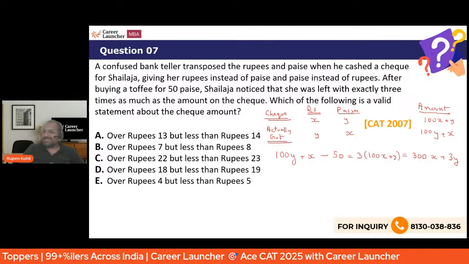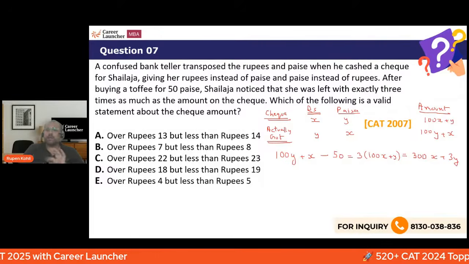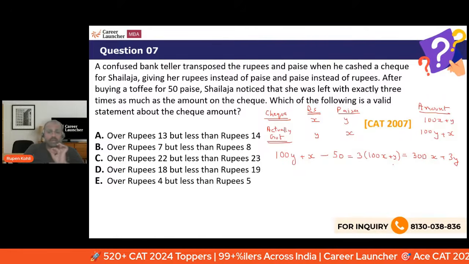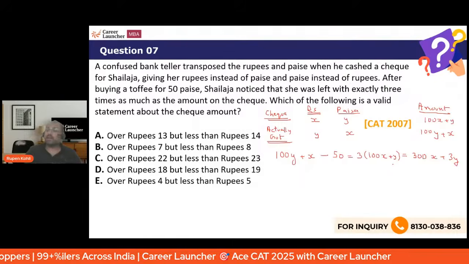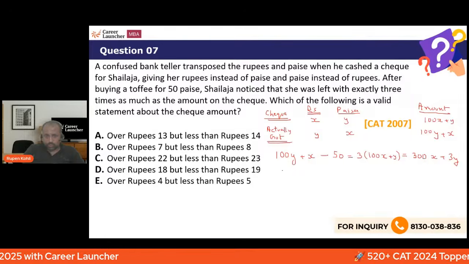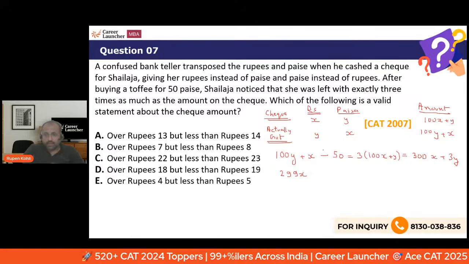in two variables. The only thing is, the coefficients are a bit large, right? We have done this many times, how to find integer solutions of a linear equation. But I have kept this question to understand how to search for the solutions when the coefficients involved are very large. You see, what we are getting after simplifying is 300x and x, 299x, and 3y and 100y.